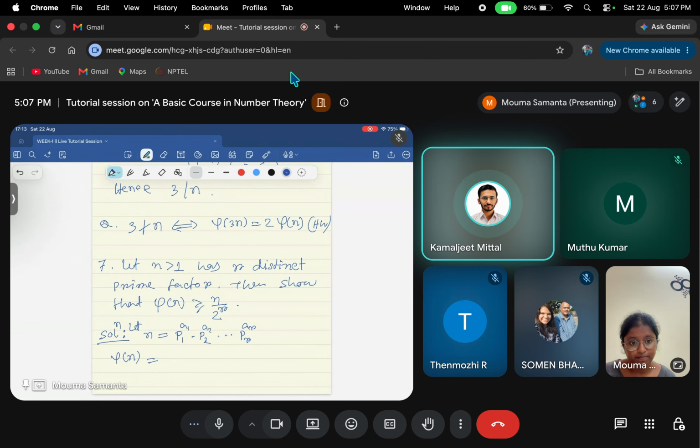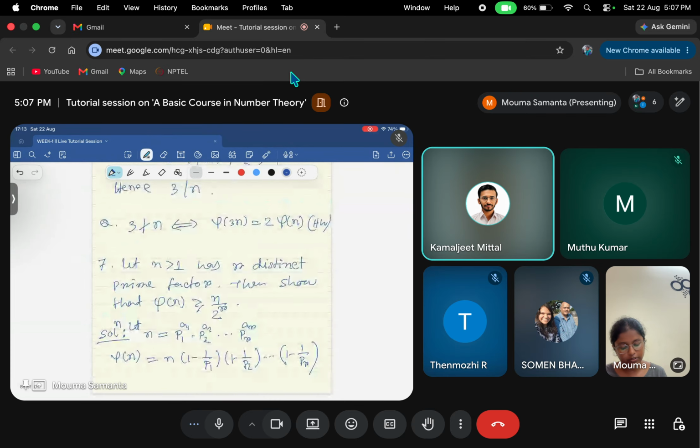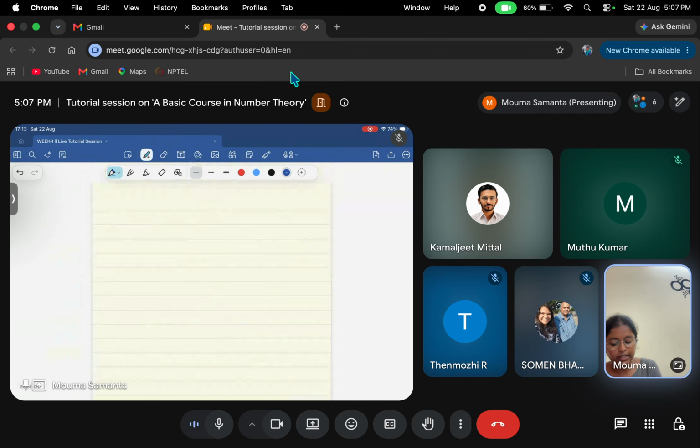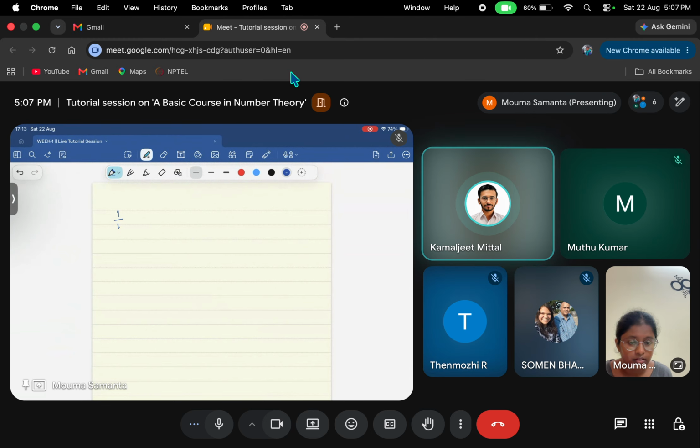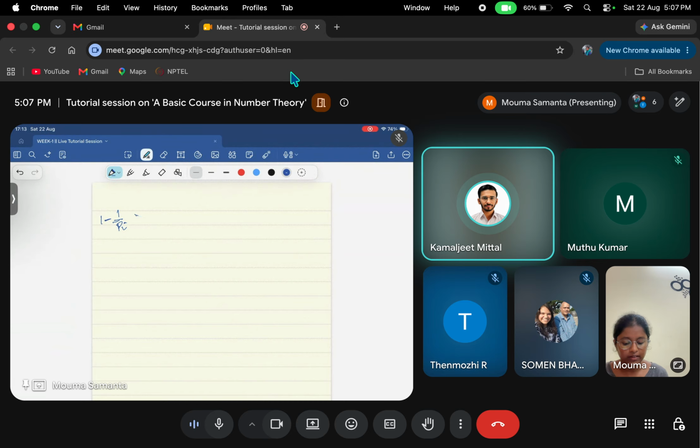Ma'am, can we show something like that? First of all, phi of n will be n times 1 minus 1 over p1 and so on. And we can observe here that 1 minus 1 over p_i is always greater than or equal to 1 by 2. So phi n has this form. So you are saying to show 1 minus 1 by p_i is always greater than or equal to 1 by 2.